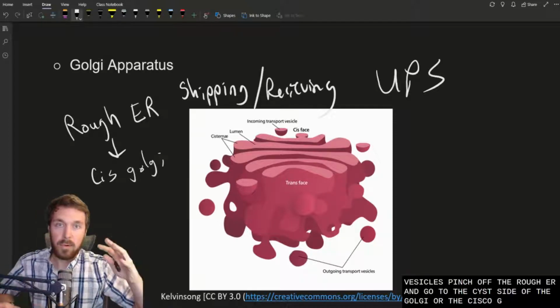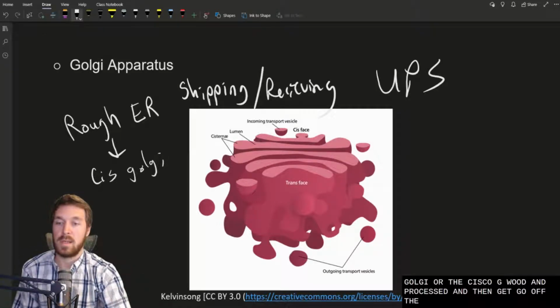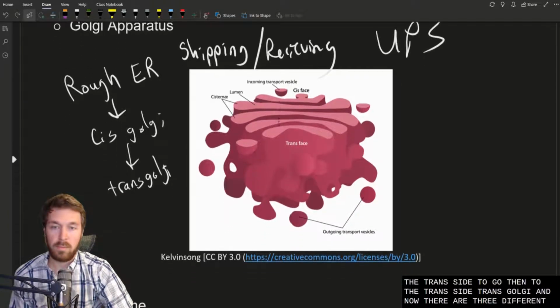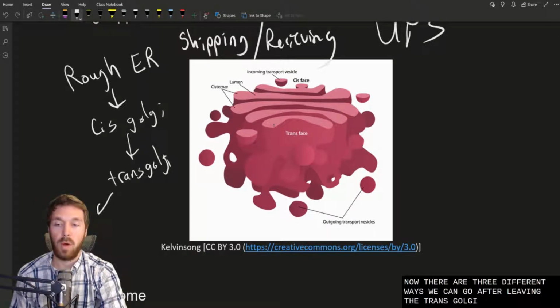Proteins then get folded and processed, and then go off the trans side. They go then to the trans side, trans Golgi. And now there are 3 different ways we can go after leaving the trans Golgi. One is exocytosis.